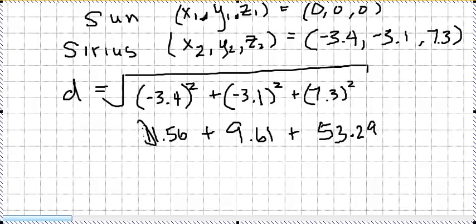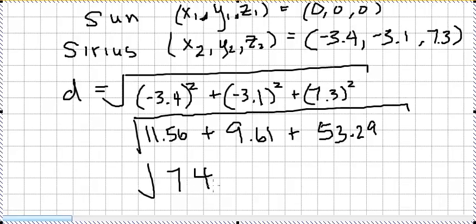Add all of those up first: 9.61 plus 11.56 plus 53.29. And you get the square root of 74.46. And then square root that.